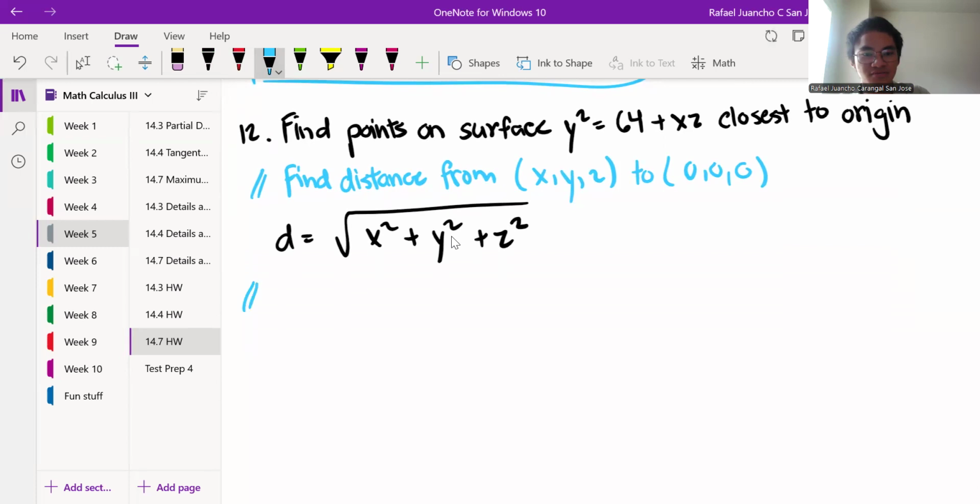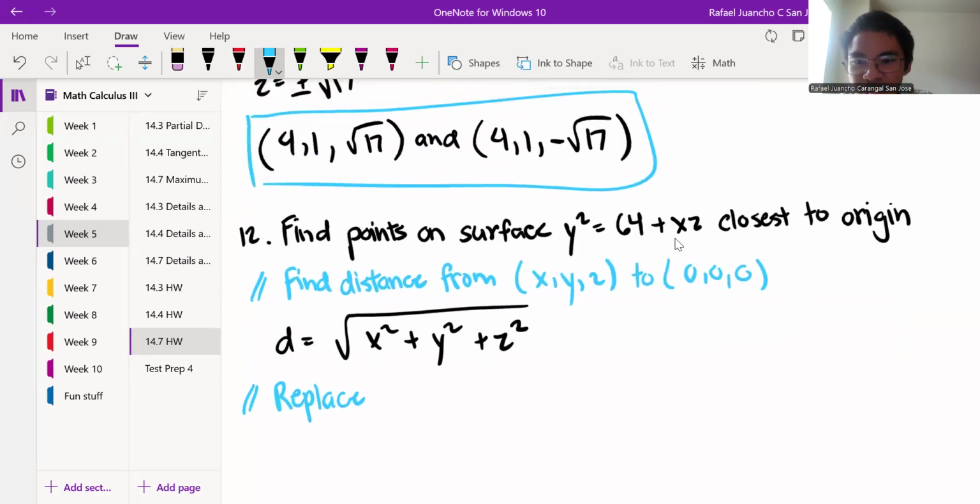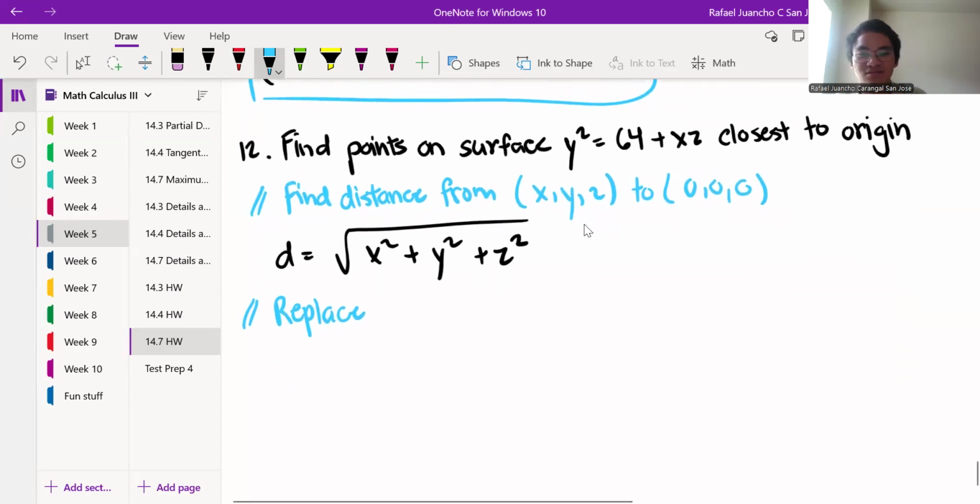Then from there we replace, or actually, let me check. Is this on the surface? 0, 0, 0, so it's not, right? So we replace z in terms of x and y. How would that look like?